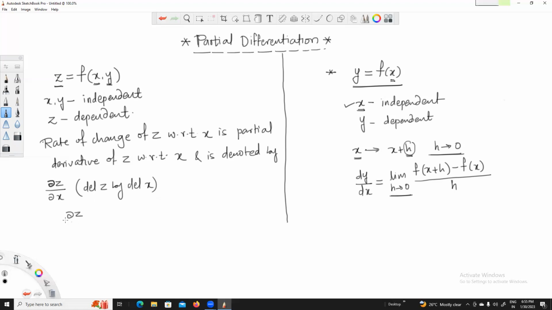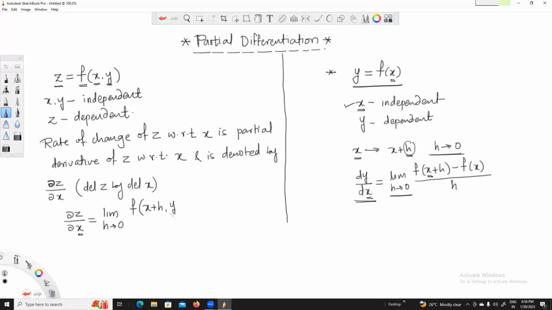So this del z upon del x is again, see, we are going to use the same analogy. Here we are differentiating with respect to x, so we perturb the value of x. Here we are finding the partial derivative with respect to x, so I am going to take a limit again, h perturbed with a small amount which is tending to 0. So again this functional form f, I'm going to write f as I perturb x, so I am going to write x plus h, keeping y constant.